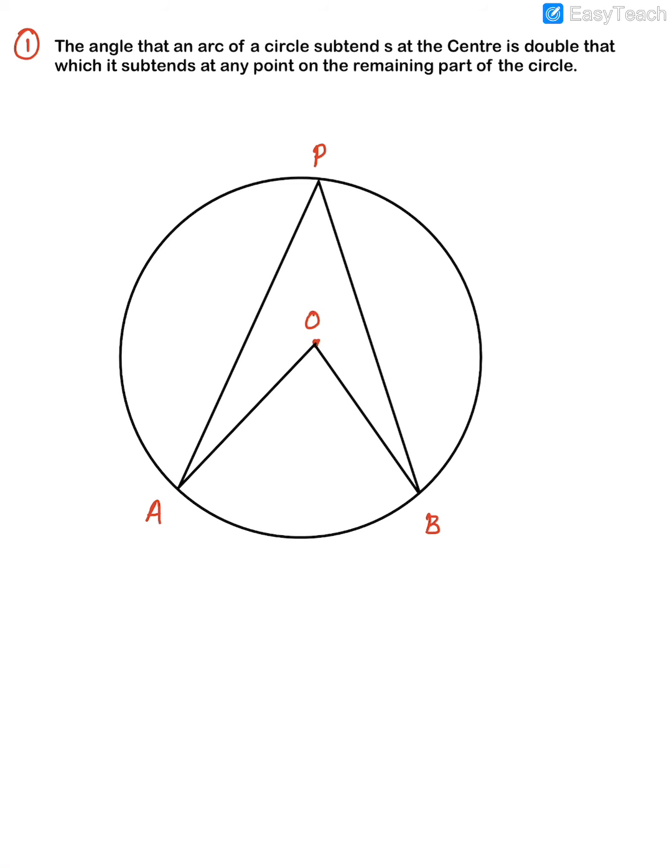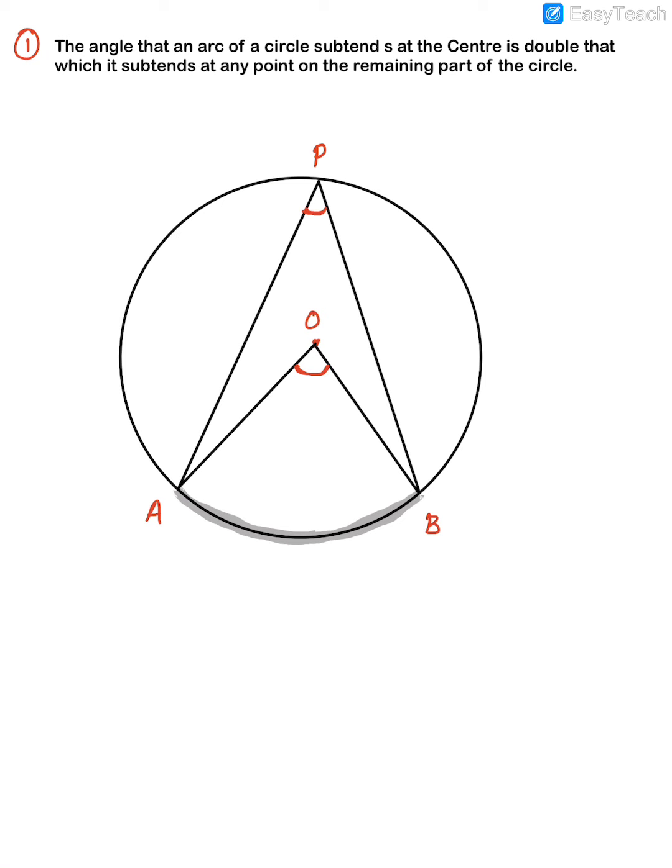Now what does this theorem state? This theorem states that the angle subtended by this arc, so you can see this arc AB, it is subtending some angle at the center. You see it subtends some angle here at the center, and it also subtends some angle here at the circumference. This is the angle that we are talking about. It states that the angle subtended by this arc AB at the center is double of the angle at the circumference.